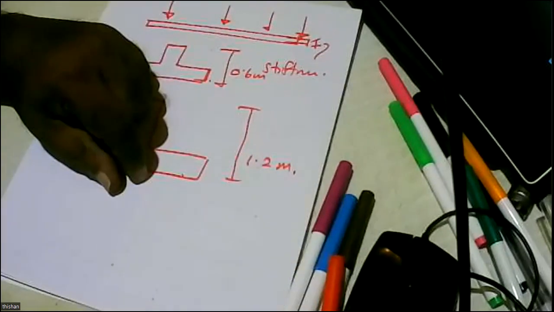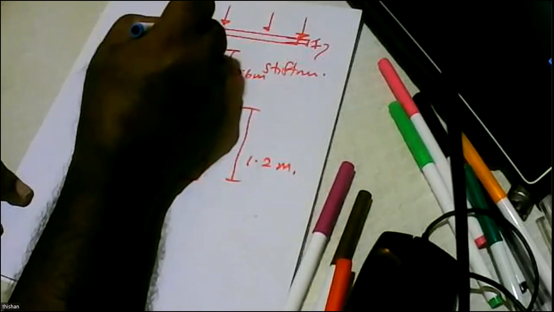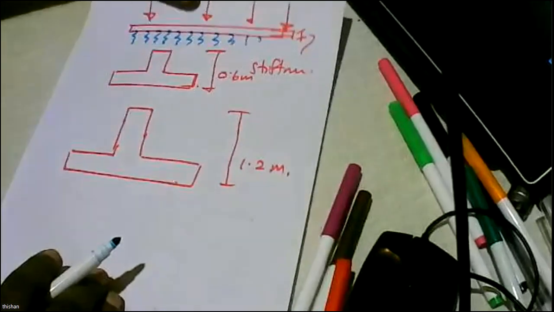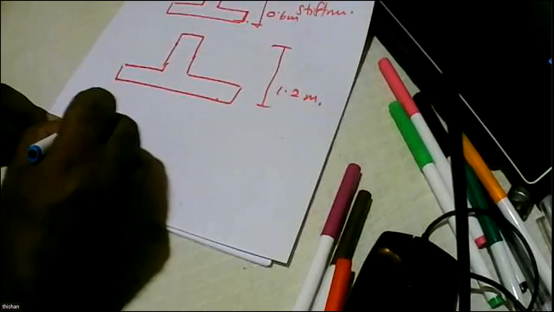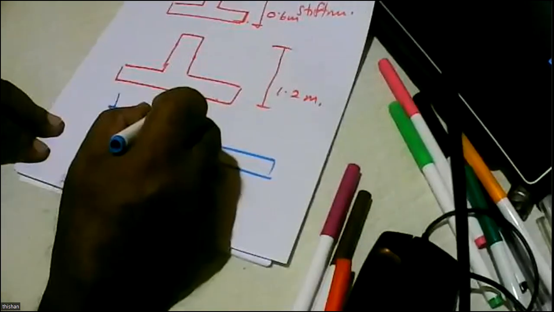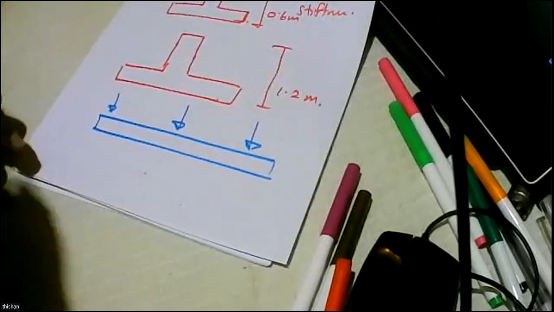So by allocating different values for these spring constants, we might be able to have a situation, because if you look at the actual distribution of loads, what should be the actual distribution?